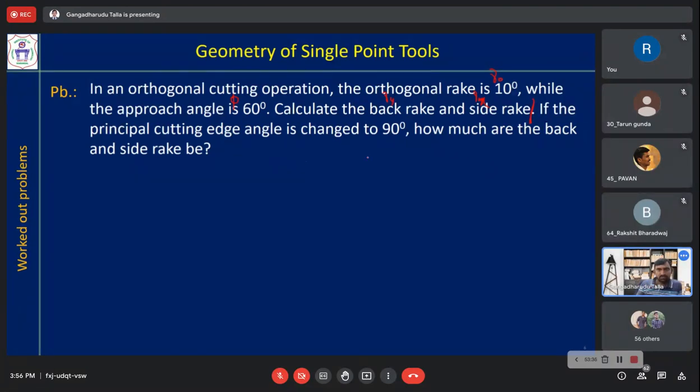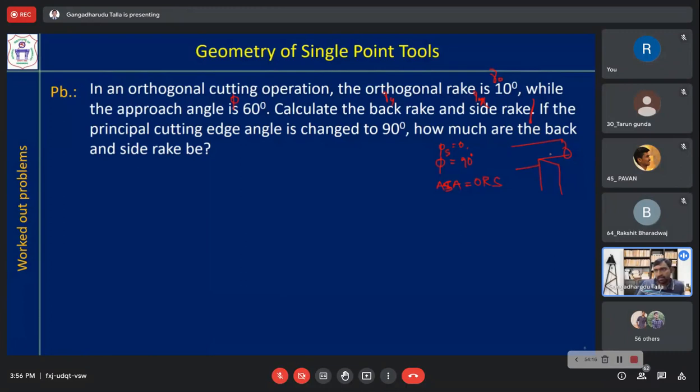If phi is becoming 90 degree, then ASA is equal to ORS. So cutting tool is something like this now. There is no phi s. Phi s becomes 0.